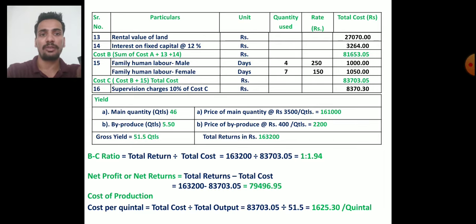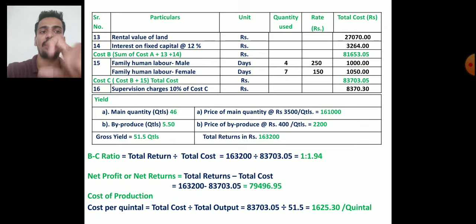So our gross produce is your main quantity. In the yield column you can see our main produce is 46 quintals and by produce is 5.5 quintal. So the value of main produce at the rate of 3,500 rupees per quintal is 1,61,000, plus the value of by produce is 2,200.